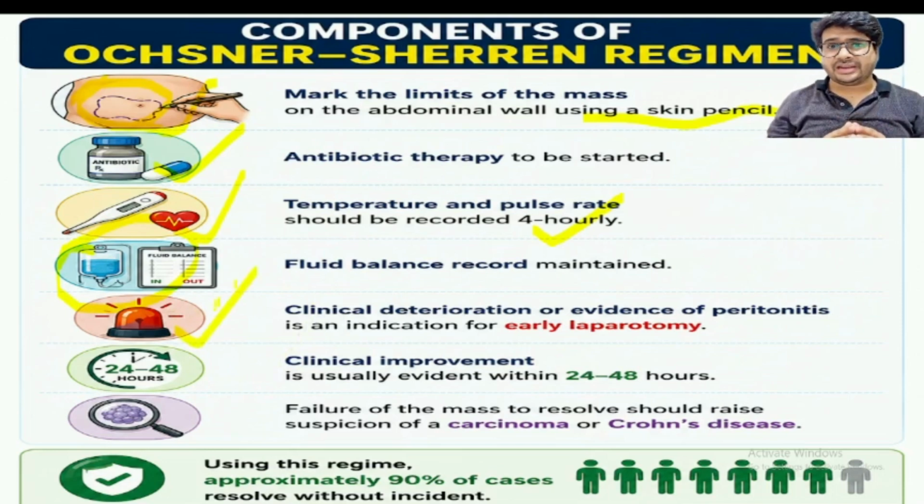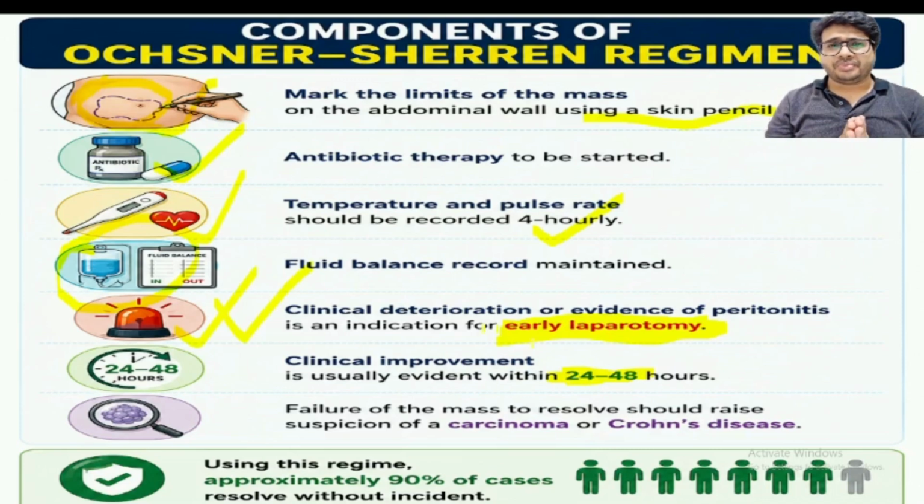And if there is clinical deterioration, the patient should be explored, that is, laparotomy should be done. Usually the improvement occurs within 24 to 48 hours. If it is not there, then you have to stop the regime and plan for a surgery or some intervention.